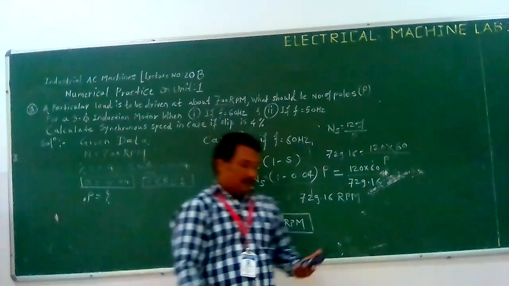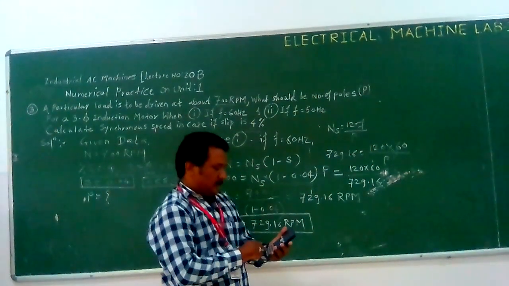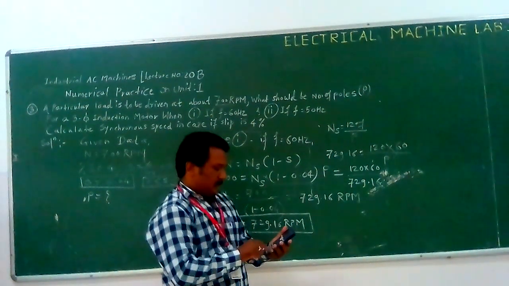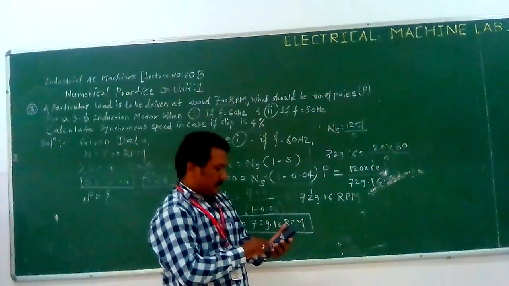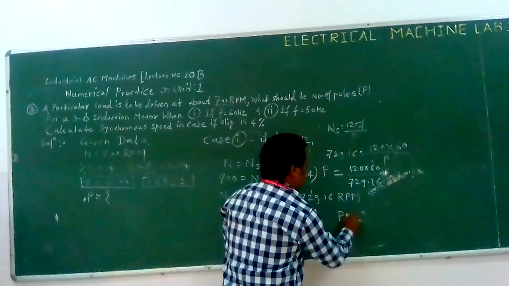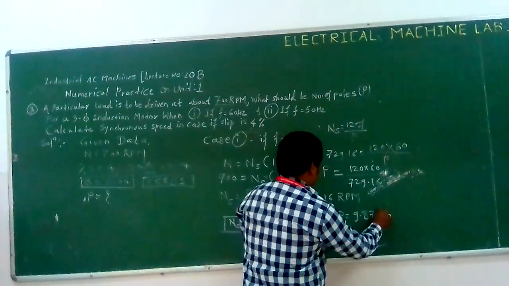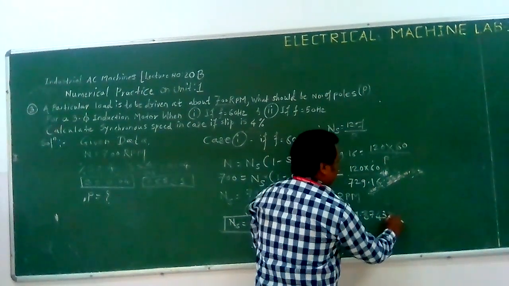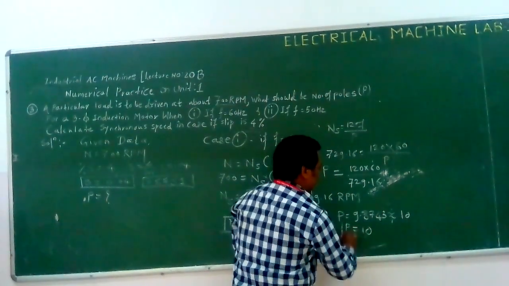Again by using the scientific calculator, P will be 9.8743, which is equivalent to 10. Number of machine poles will be 10.